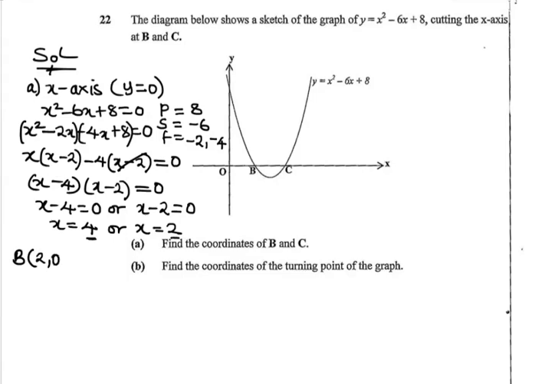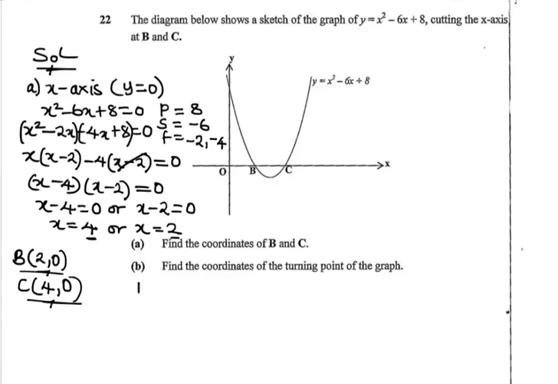So this is 2, 0 for B. Then for C, C is going to have a higher value of x. So C is 4, and the value of y is 0 on the x-axis, so 4, 0. So this here is the solution to A, the coordinates of B and C. B has 2, 0, then C has 4, 0.